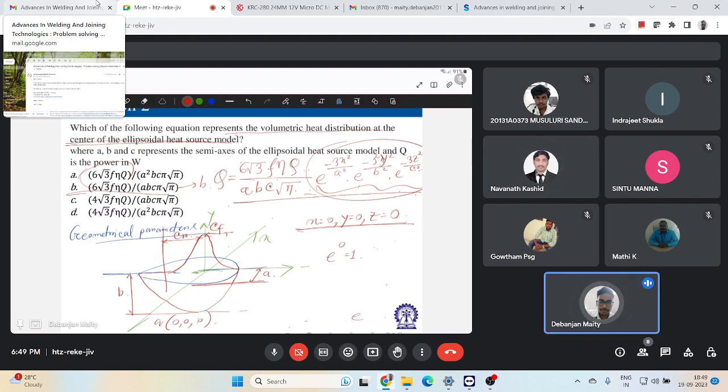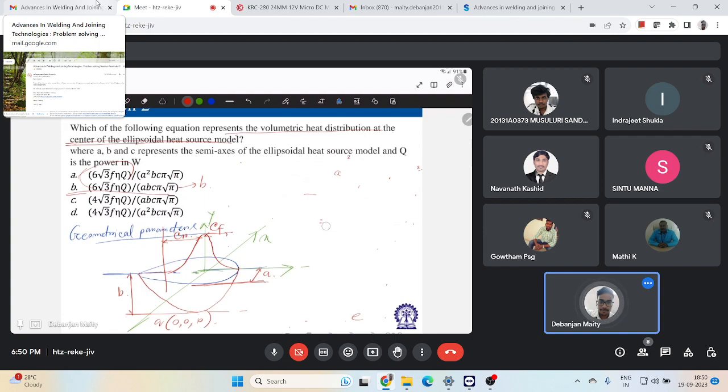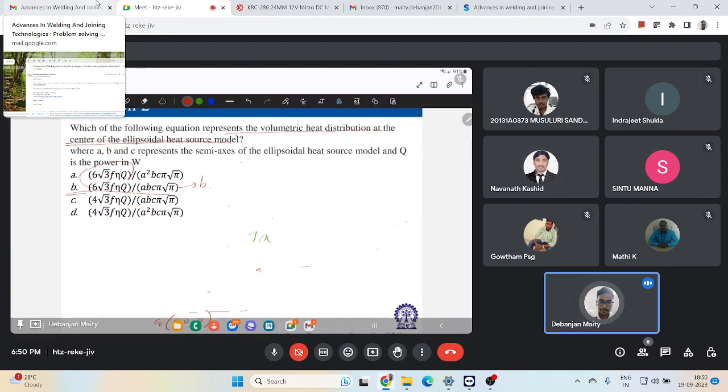Now there is something called the adaptive heat source model. During this modeling, what we do is, let's say this was my weld structure over here. Again, give me some time to draw the schematic.